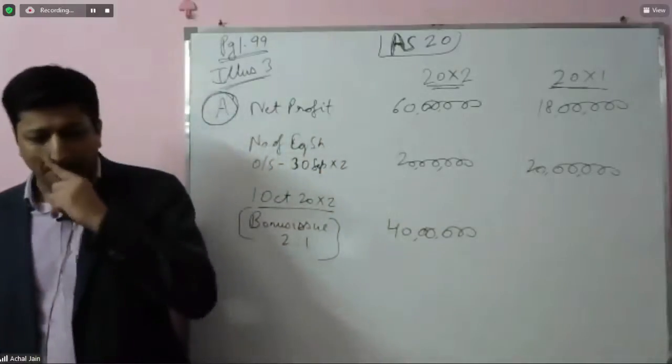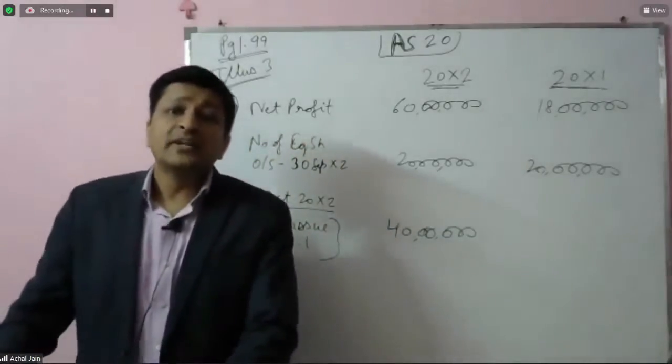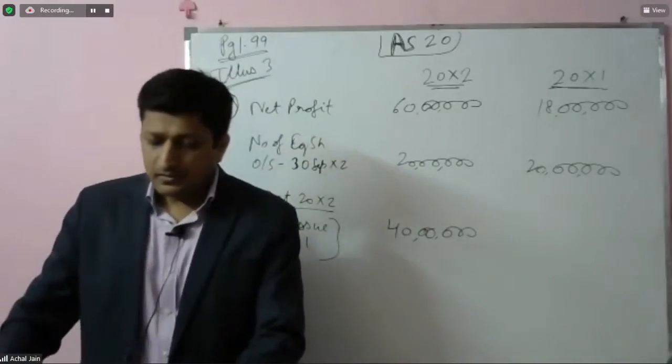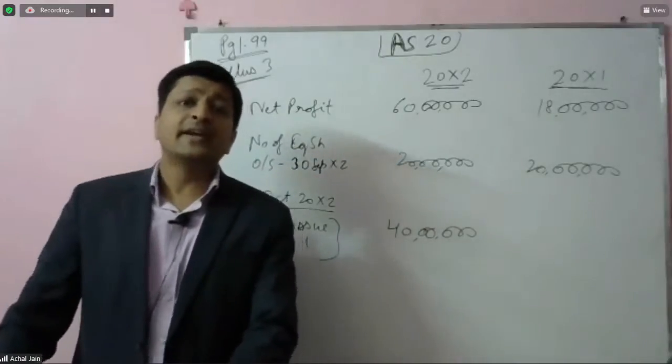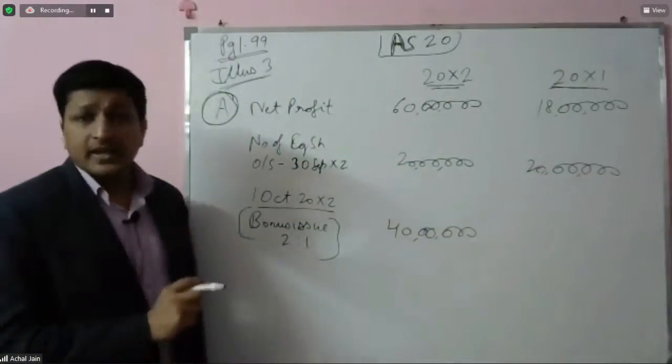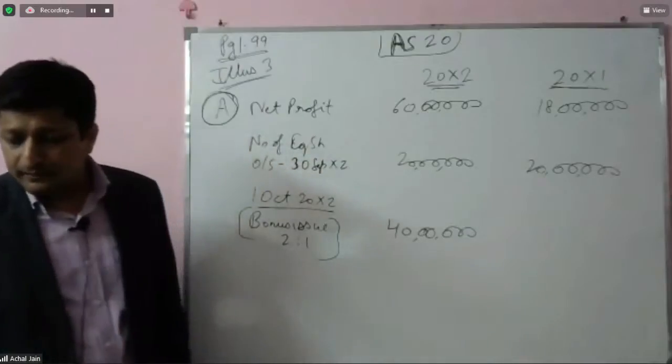Now, what do we need? We need the denominator. In the denominator, I need the weighted average number of shares outstanding during the year.